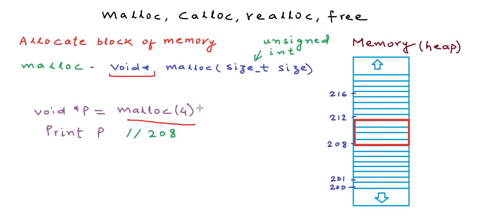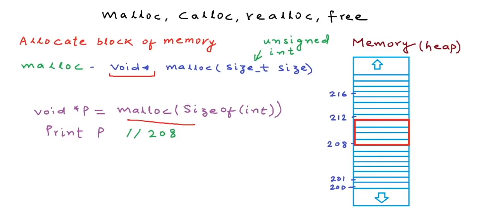In practice, we would first calculate how much memory we need to store our data. So let's say we want to store an integer, just one integer. So I need a memory block equal to the size of one integer. So we typically use the function sizeof, which returns us the size of a variable in bytes, to figure out the size of the data type.